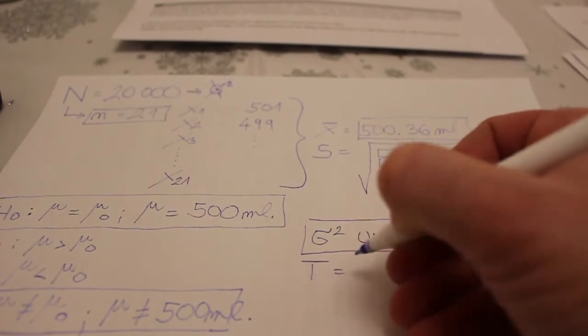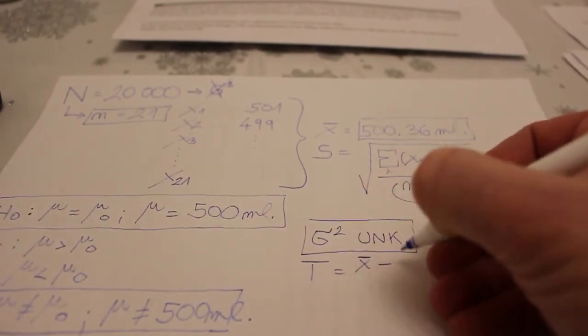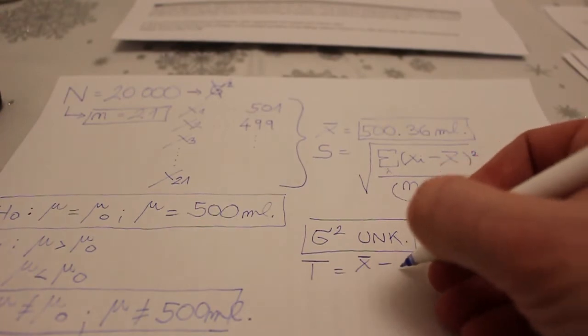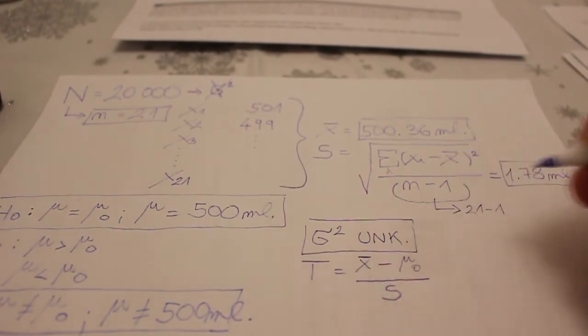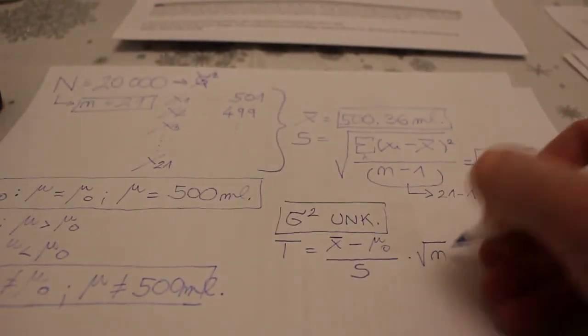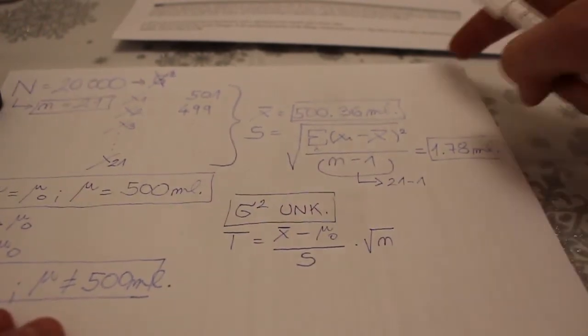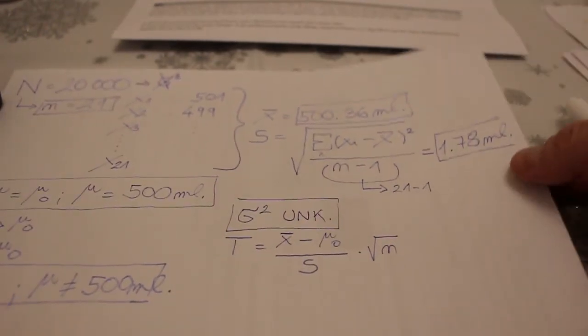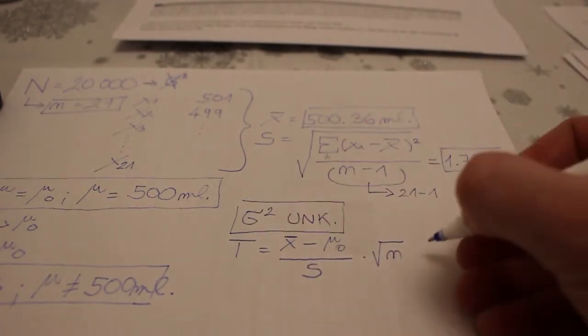The Student t-statistic is equal to x bar minus mu 0 divided by the calculated standard deviation times the square root of n. Because we know everything, we can use the values and calculate this test statistic.